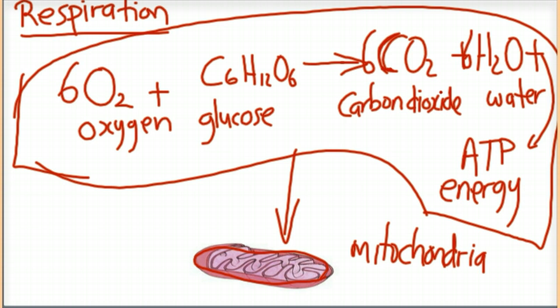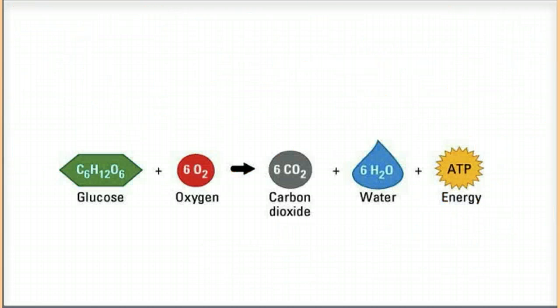Let me give you a cleaner formula to look at. This is much neater than what I was writing. As you can see, we have glucose plus oxygen, which will give you carbon dioxide plus water and energy. The chemical formula for glucose is C6H12O6, plus 6 oxygen, to give you 6 carbon dioxide and 6 molecules of water.